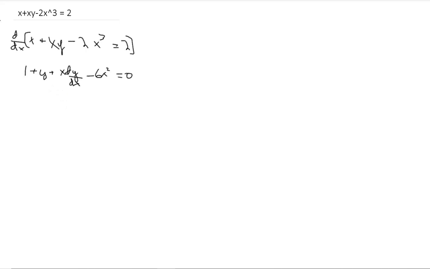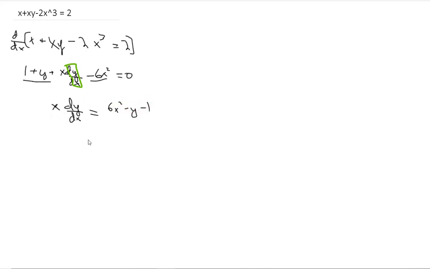So we can subtract this and this to the other side, or subtract or add or whatever. So now we have x dy/dx. And so now at this point, it's pretty much just algebra. You use your algebra skills to solve for dy/dx. x dy/dx equals positive 6x squared minus y minus 1.